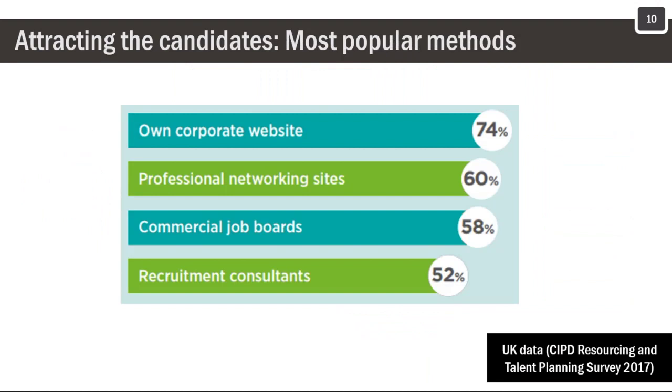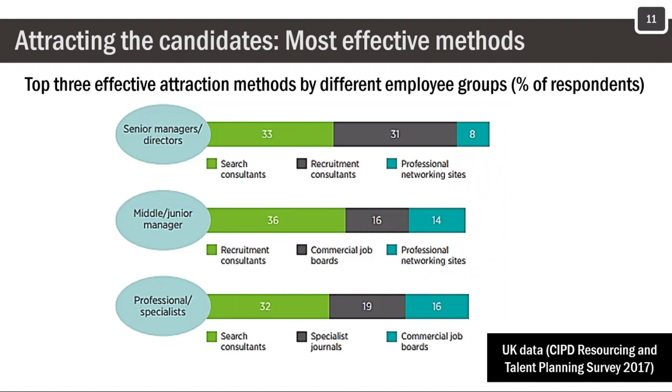According to the same survey, the most popular methods for seeking candidates in the UK, I hasten to add, are employers' corporate website, professional networking sites such as LinkedIn, commercial job boards, and recruitment agencies. However, the most effective attraction methods vary. They vary by employee group.